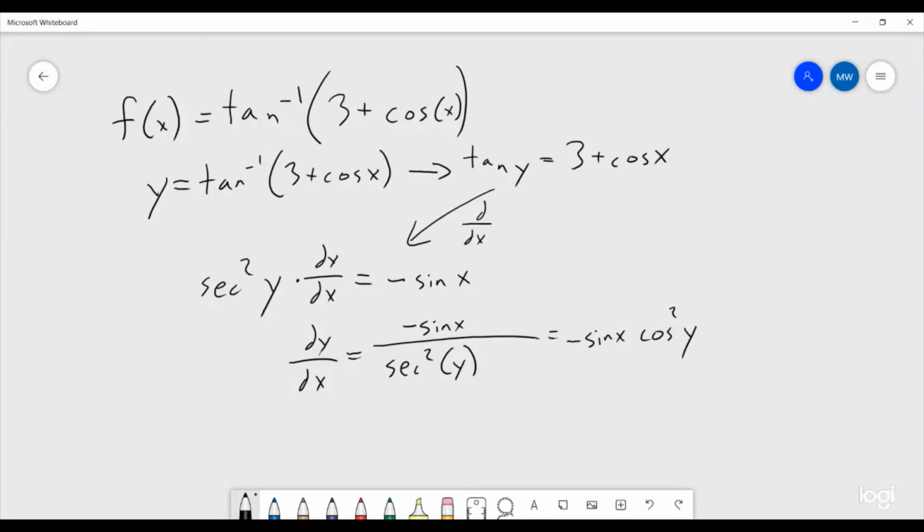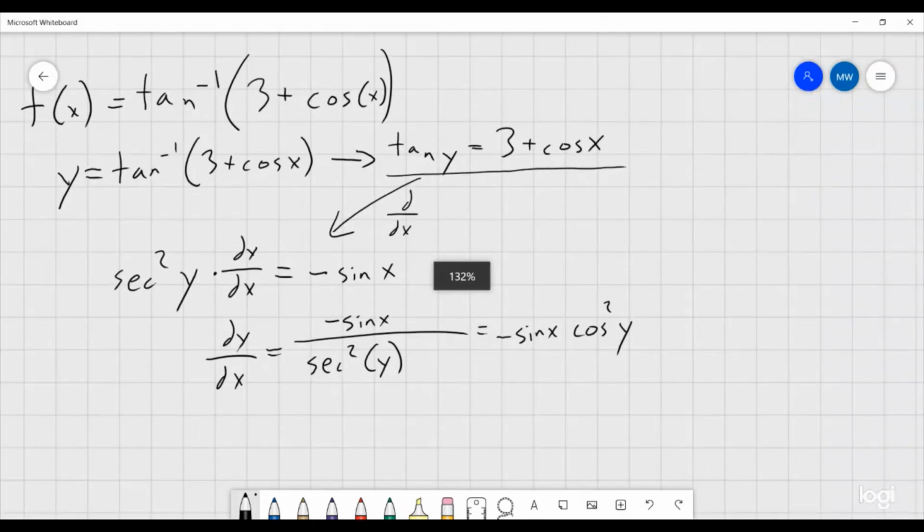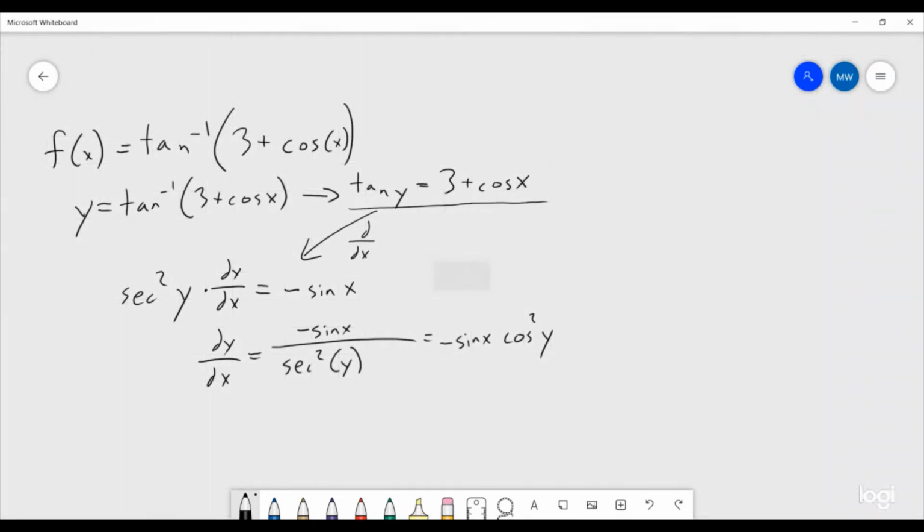Well, all we know is tangent of y is 3 plus cosine x. We need to figure out what is cosine of y. So if we were to draw our triangle, we have our angle y, and we know tangent is opposite over adjacent. So if we make adjacent 1, then this is going to be 3 plus cosine of x.